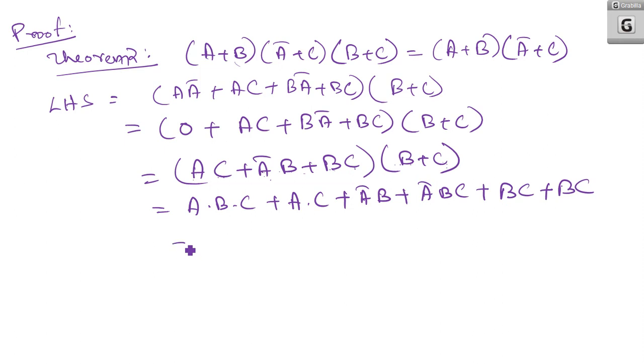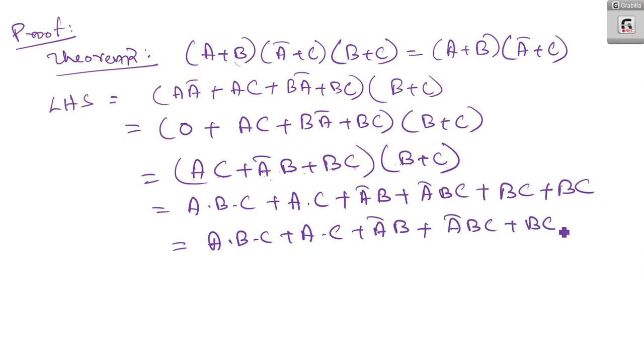So what will you get? A or A is A. Similarly, BC or BC is BC itself. So you will get A dot B dot C, or A dot C, or A bar B, or A bar BC, or BC. Now see, BC is common in which terms?